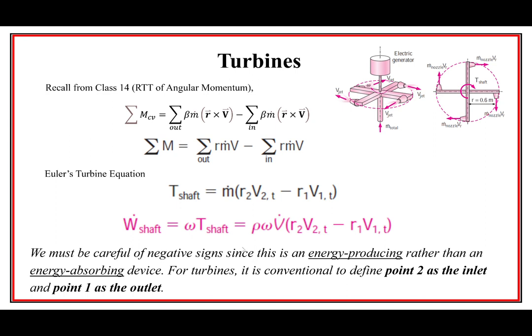That's different from pumps, where point 1 was the inlet and point 2 was the outlet. But because pumps absorb power, and turbines produce power, or rather they transform the power from hydraulic power into a motion power, rotating power, we switch what we consider the numbers.